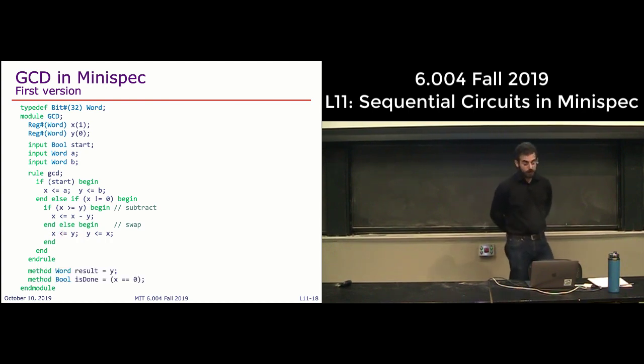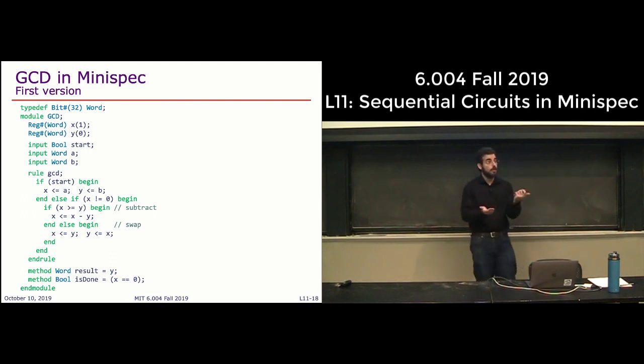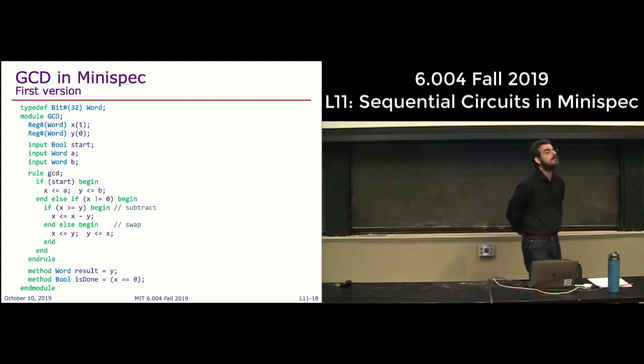Now, the one final thing we need to do is give some output. In this case, the output is not going to be valid for a while. So we're going to have two methods. One that just returns y, and an isDone or isValid output method that says when you can actually use this result.